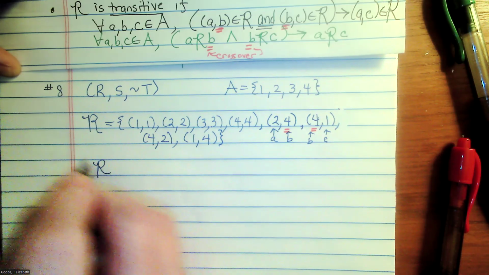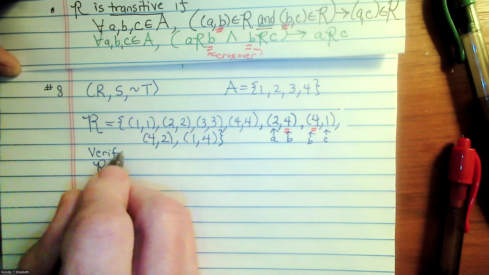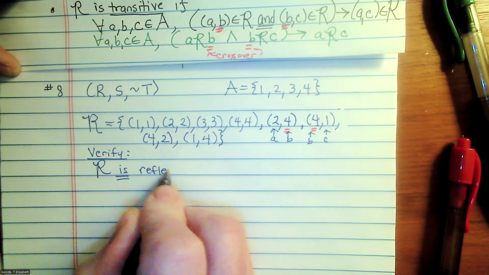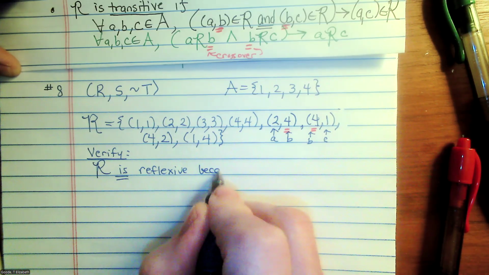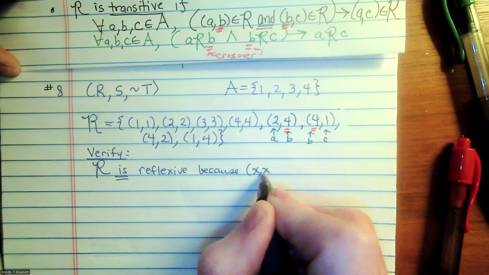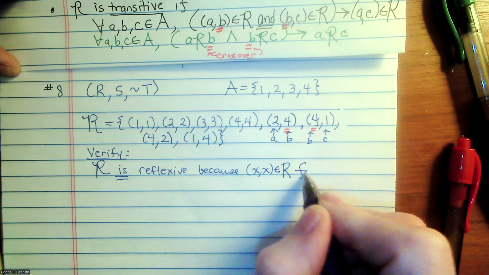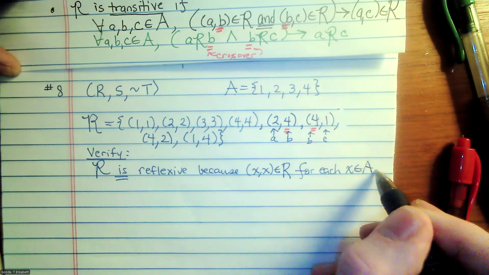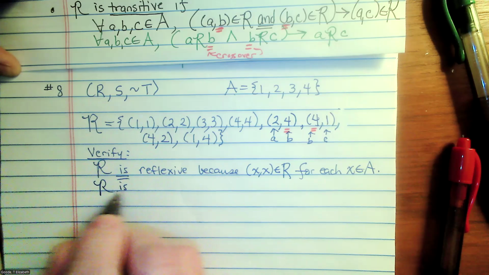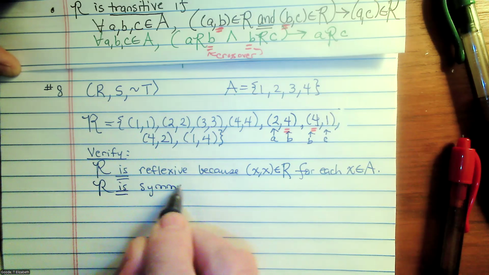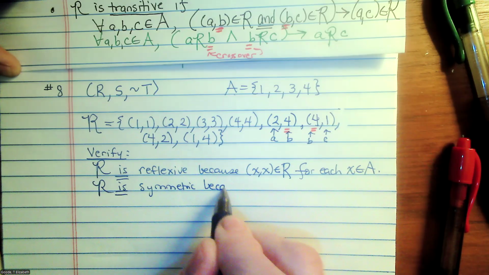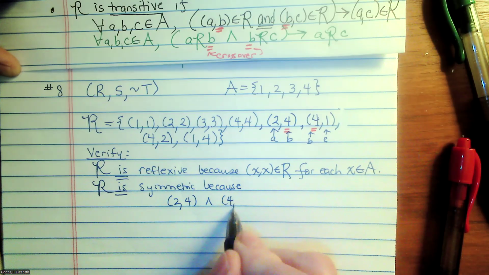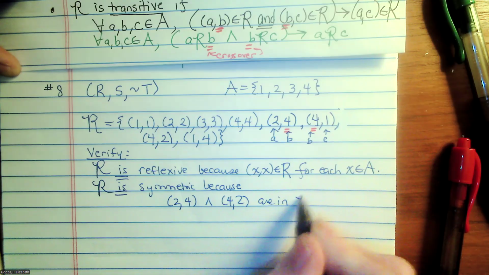So in our verification, curly R is reflexive, right? Because X comma X is in curly R for each element X in A. Curly R is symmetric because 2, 4 and 4, 2 are in curly R, right?